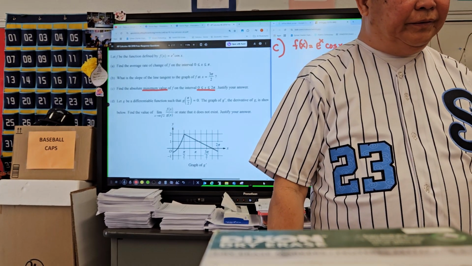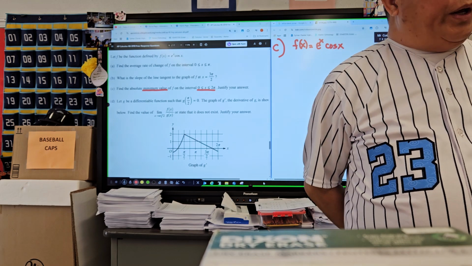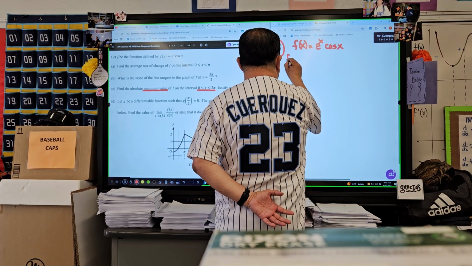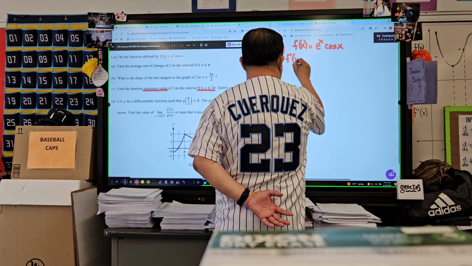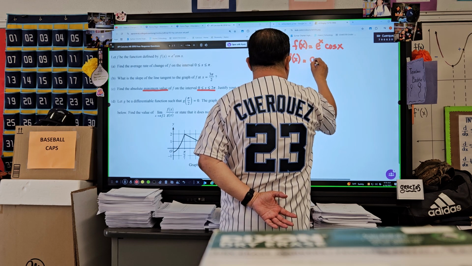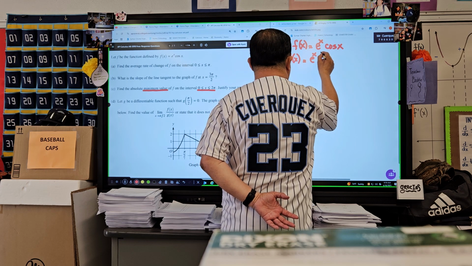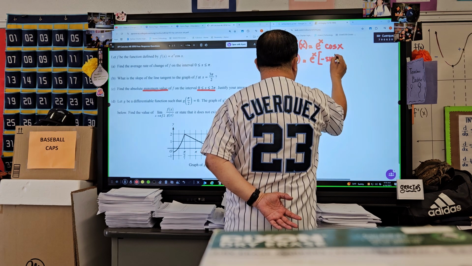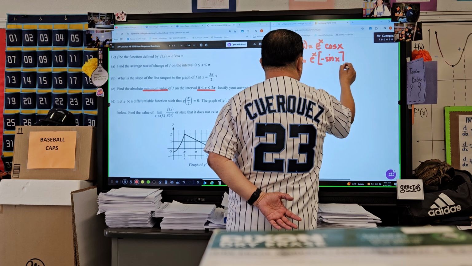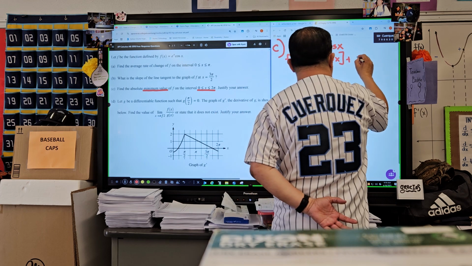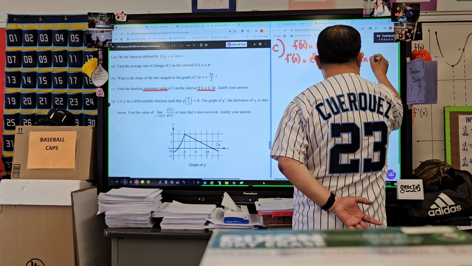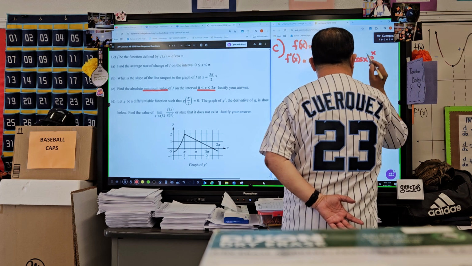Clear, guys? So we now have f prime of x equals the first times the derivative of the second, negative sine x, plus the second, cosine x, times the derivative of the first.